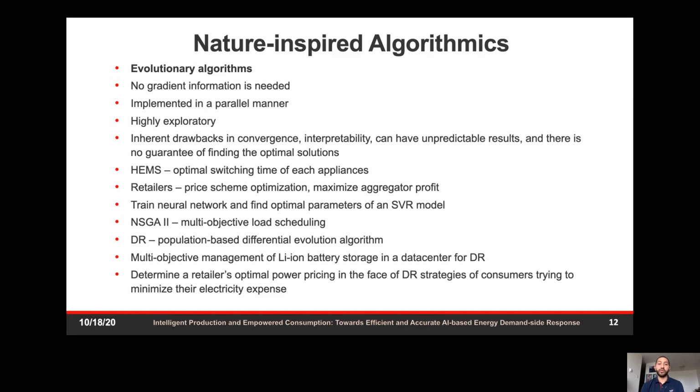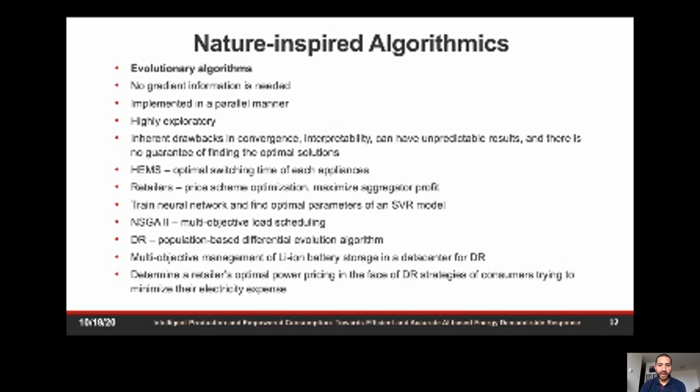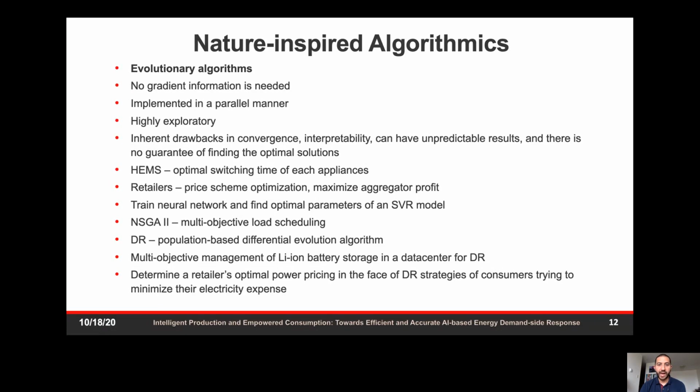One of them is evolutionary algorithms, where no gradient information is needed, and this can help parallel implementation. There are different classes, including genetic algorithms, evolutionary programming, evolutionary strategies, genetic programming, learning classifier systems, differential evolution. The list goes on and on.